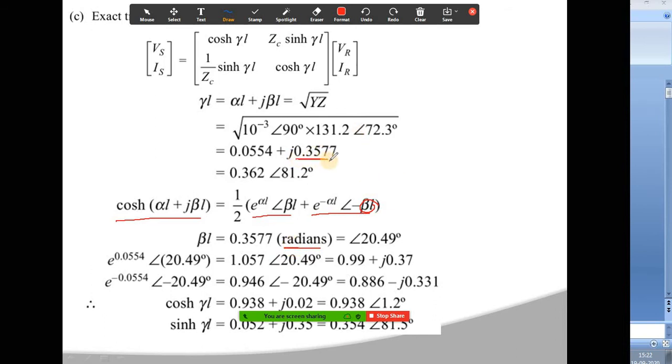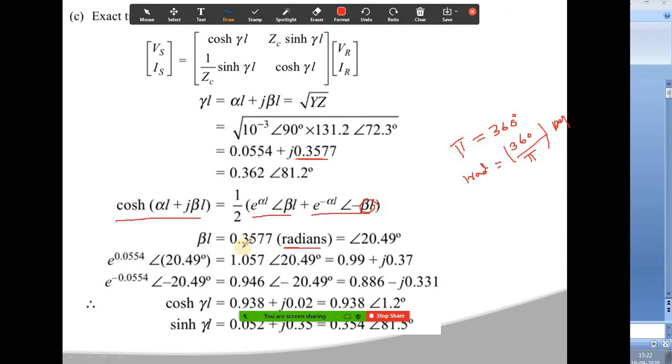Now you convert that into degrees. Pi radians is equal to 180 degrees, so 1 radian is equal to 360 by pi degrees. To convert 0.3577 radians, you multiply 0.3577 by 360 by pi.